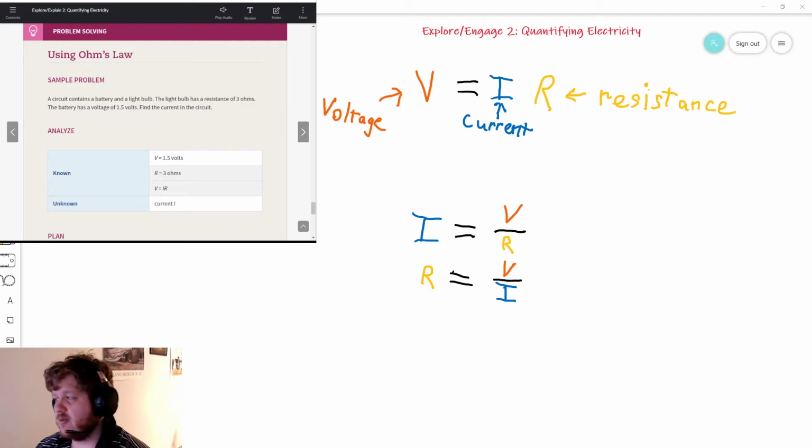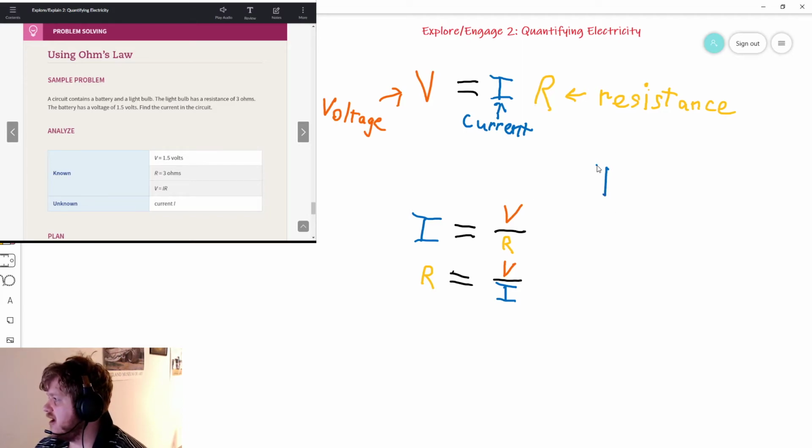The voltage is 1.5 volts, the resistance is 3 ohms, and the unknown is the current. Since we're looking for current, we can start with the equation where current is already solved.